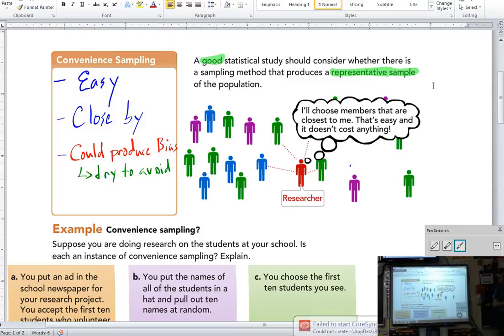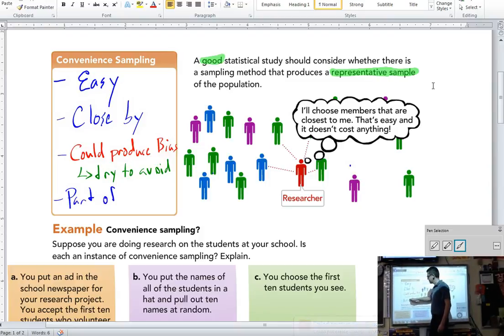What else about a convenient sample? If we want to define things and fill out our box, it needs to be part of the population. So if this red dude right here is my researcher, to get a convenient sample, he just talks to all the people close by. But the issue is my population is diverse.